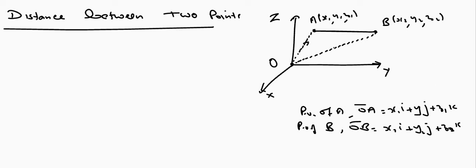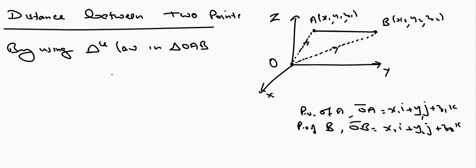If A is x1, y1, z1 and B is x2, y2, z2, then OA vector is x1i plus y1j plus z1k, and OB vector, the position vector of B, is x2i plus y2j plus z2k. We are going to find the distance between the points A and B by using the triangle law. In triangle OAB, OA plus AB vector is equal to OB vector.